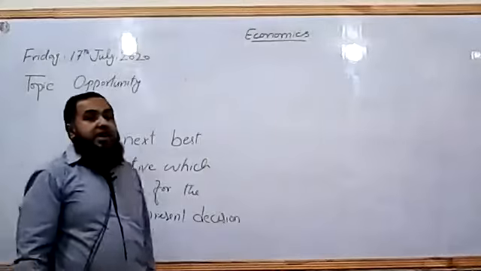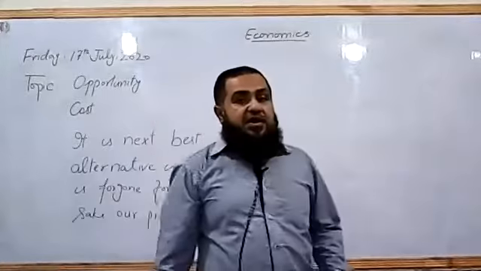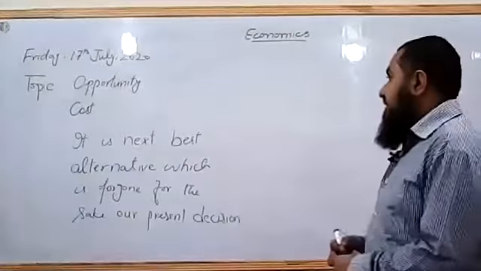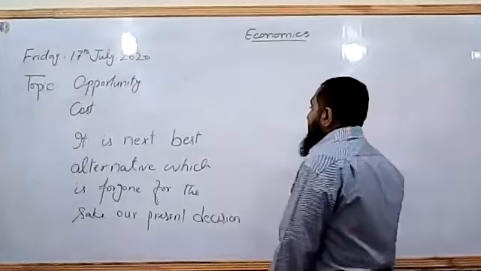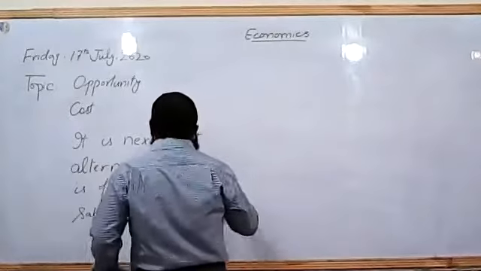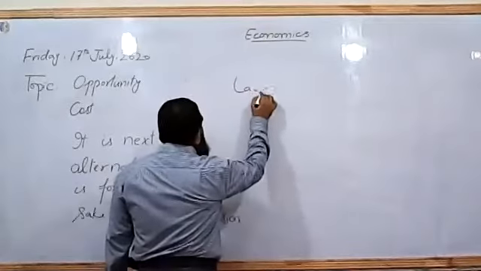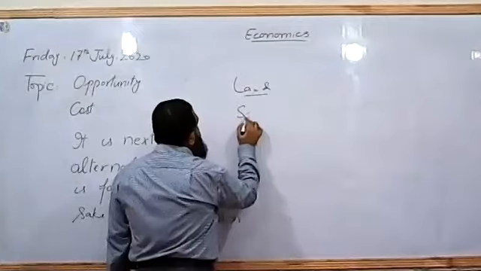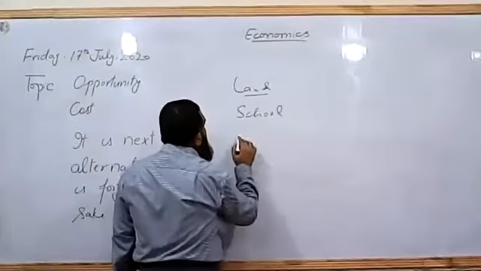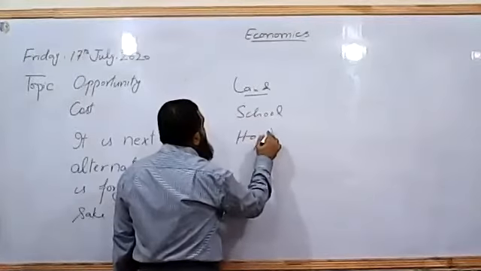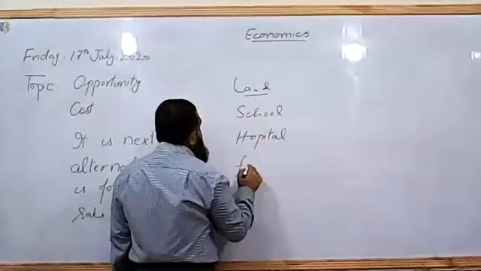All the factors of production have different alternatives. Like the same piece of land where we are running a school has different alternatives: a school, a hospital, a factory.